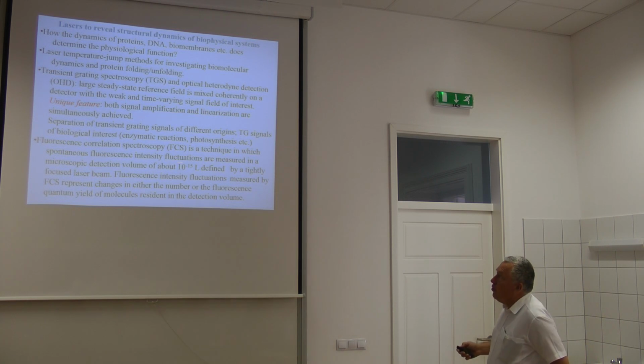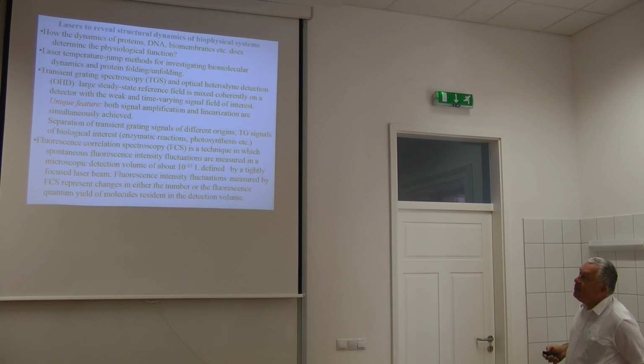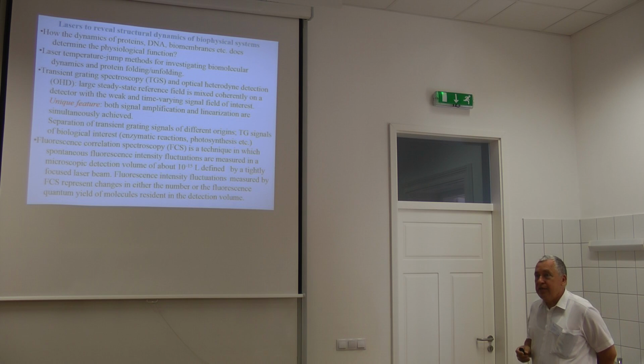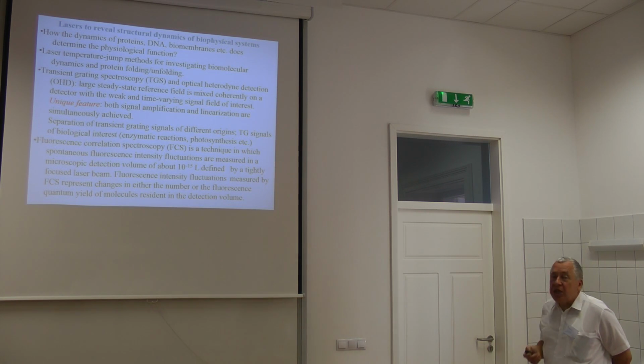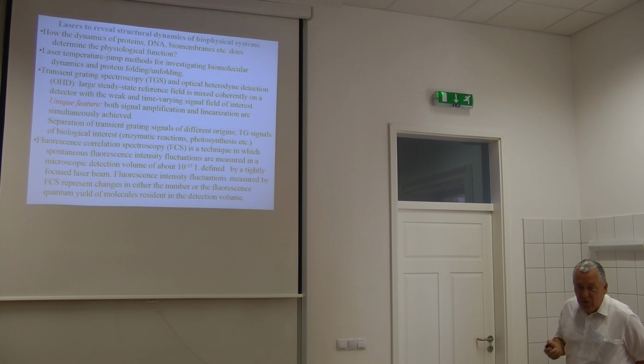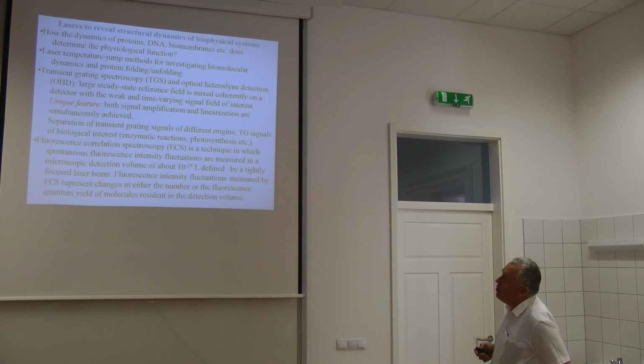This volume contains a very finite number of molecules which are able to fluoresce, and due to the dynamics in this very small volume, a large relative change in the fluorescence can be measured, which can be observed as fluctuation in the fluorescence.